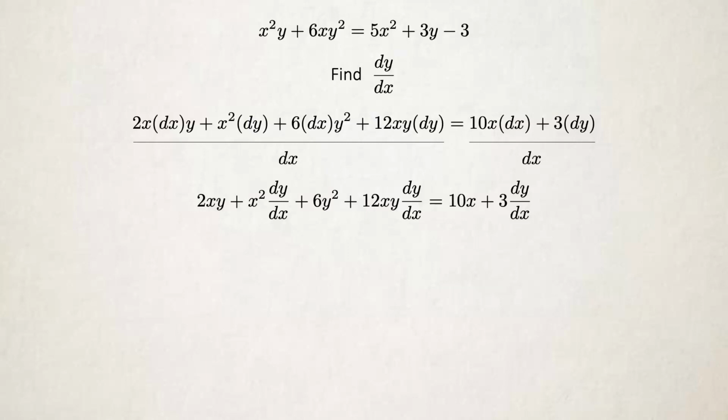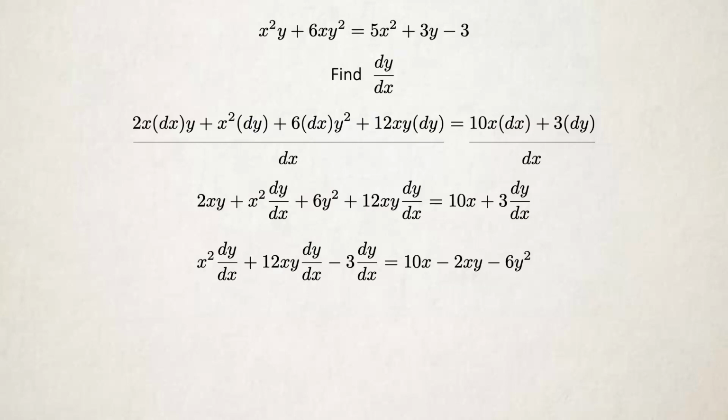Now if you collect all the dy/dx terms on the left-hand side and all other terms on the right-hand side, you will get x squared dy/dx plus 12xy dy/dx minus 3 dy/dx equals 10x minus 2xy minus 6y squared.